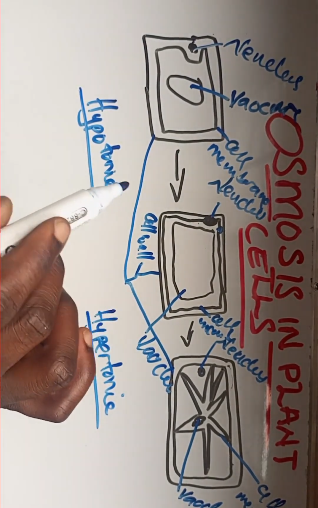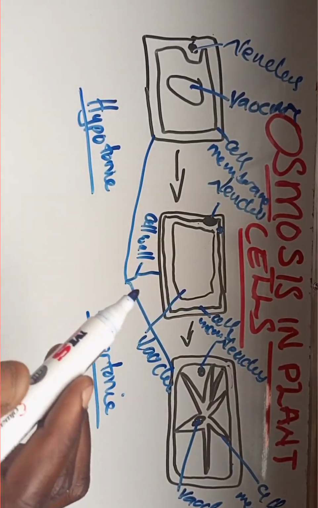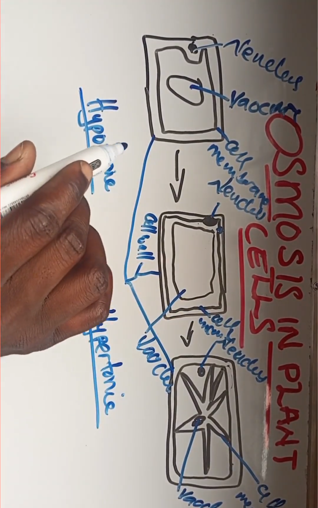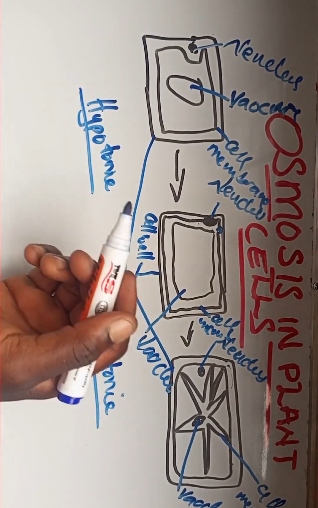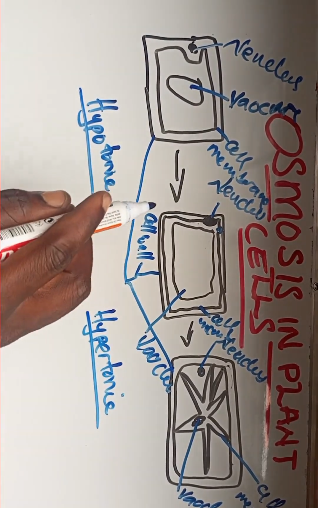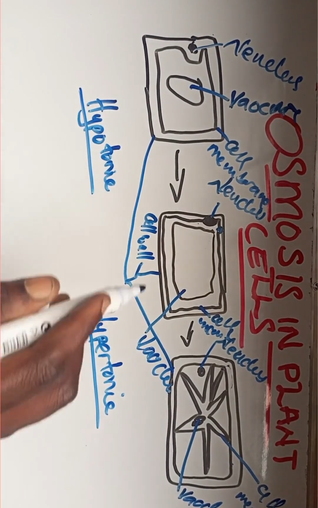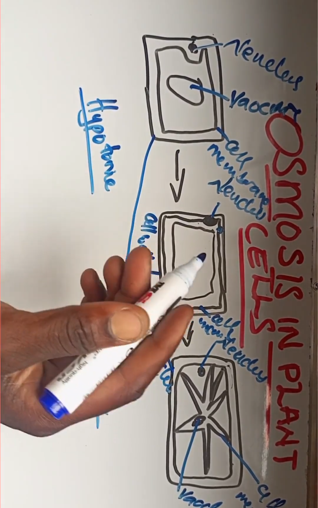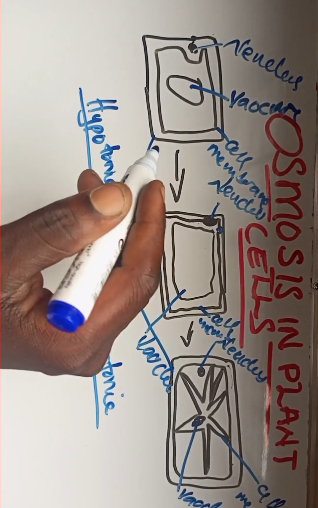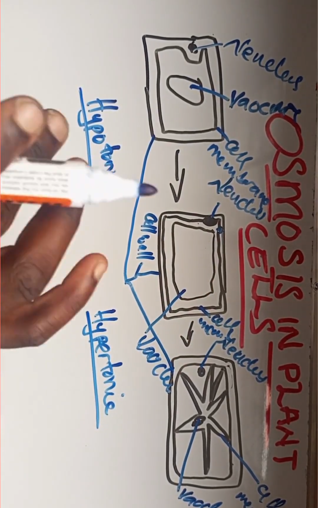The cell membrane will not burst because it will attach itself to the cell wall, and the cell wall will not burst because it is hard, because it is made up of cellulose, meaning the cell wall is harder than the cell membrane. The cell wall will just remain at its position. It will not grow big or reduce in size. No, it will just remain the same.